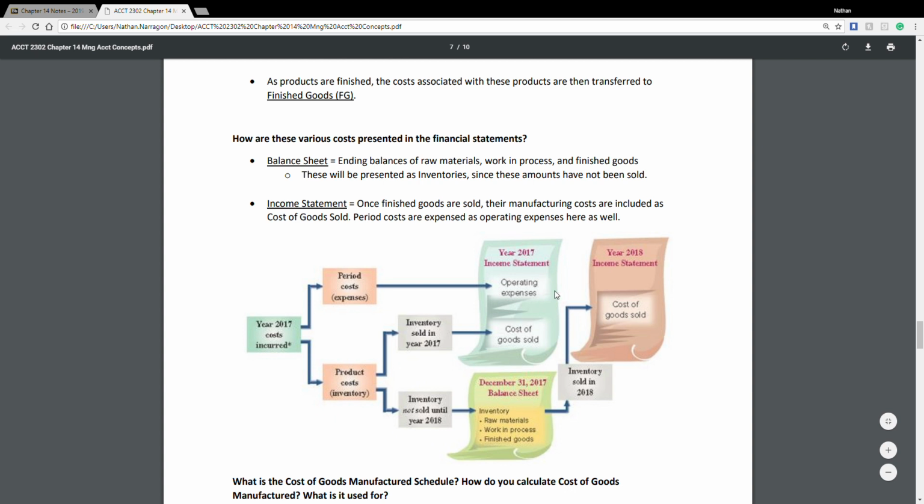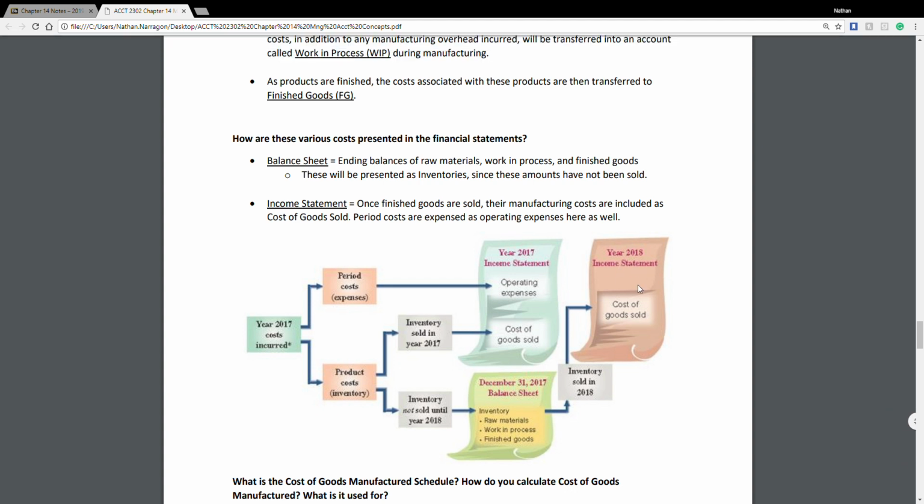Here, period cost goes right here as operating expenses on our 2017 income statement. Inventory sold is known as cost of goods. The ones that are not sold stay on our balance sheet. Once they're sold in 2018, then they show up on the 2018 income statement as cost of goods. This is a neat little graphic if you just need a refresher, just to see how it goes.